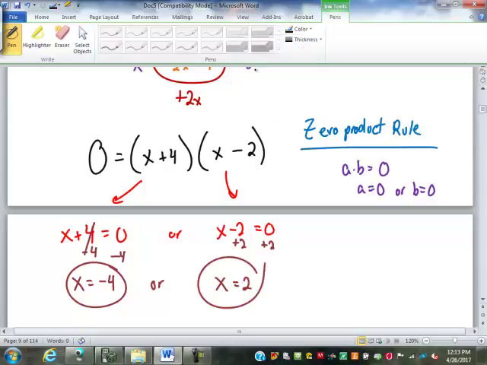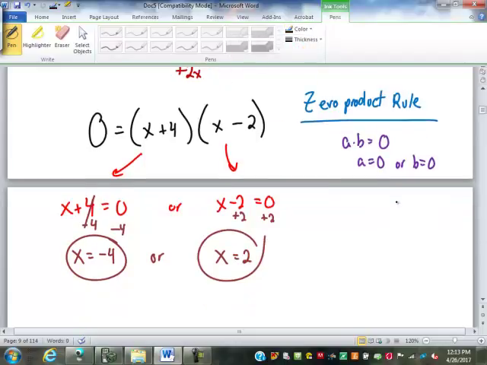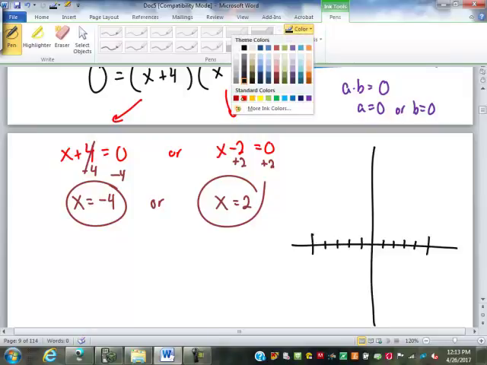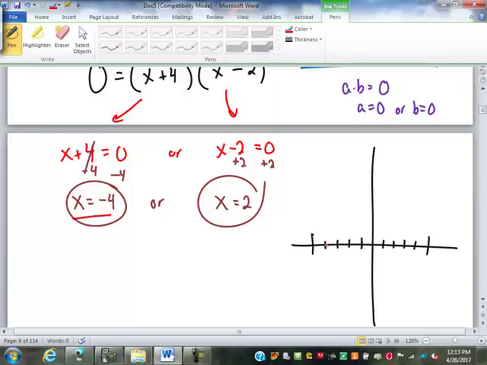So what that means on our graph is our roots are at x equals -4, that's right here, and x equals 2, that's right here. So those are our roots.